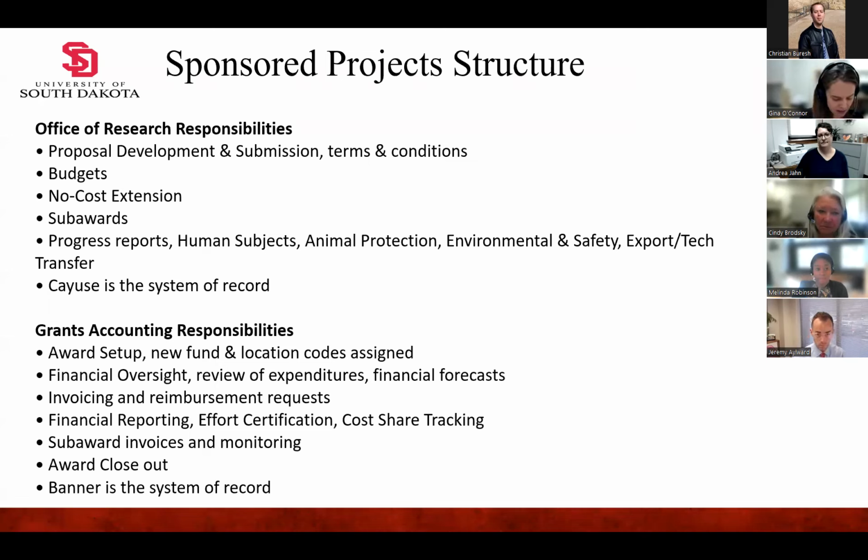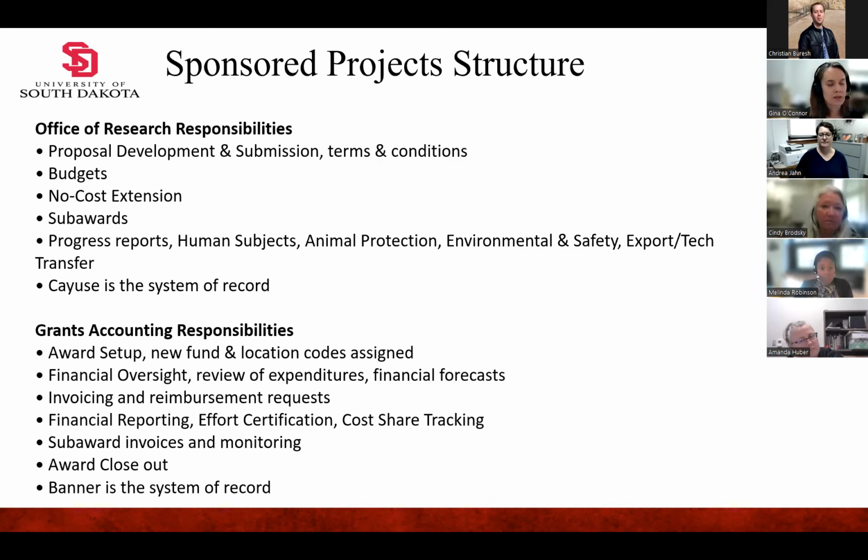So here we have this slide. It's split up basically between the Office of Research responsibilities and the grants accounting responsibilities at the bottom. Now, if you wanted to understand this really simplistically, you could say that Office of Research mostly deals with pre-award and grants accounting is mostly post-award, but a lot of our duties definitely bleed into each other. In the Office of Research, as a grant specialist, I spend a lot of my time helping with proposal development and submission.